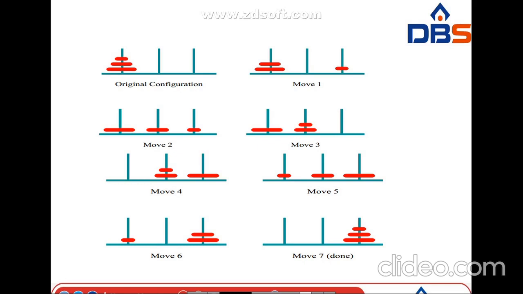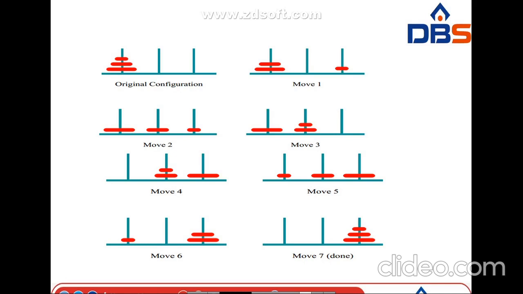So in the sixth move I am going to move the medium disc from auxiliary to destination. In the seventh move I am going to move the small disc from source to destination.